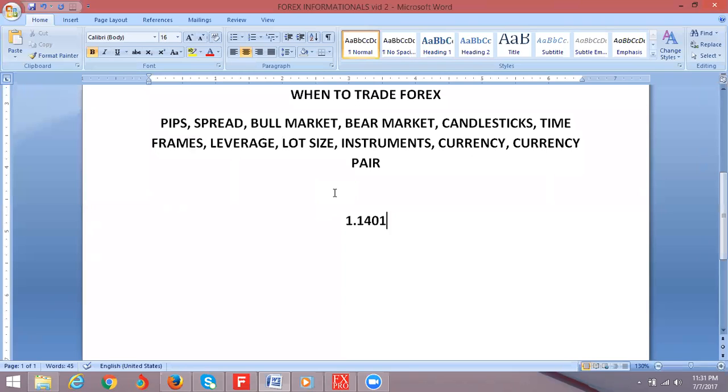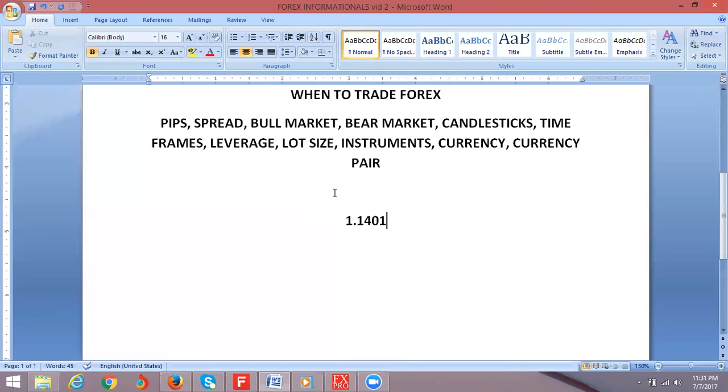Basically, I say it is a way to measure the movement of the market between currency pairs.